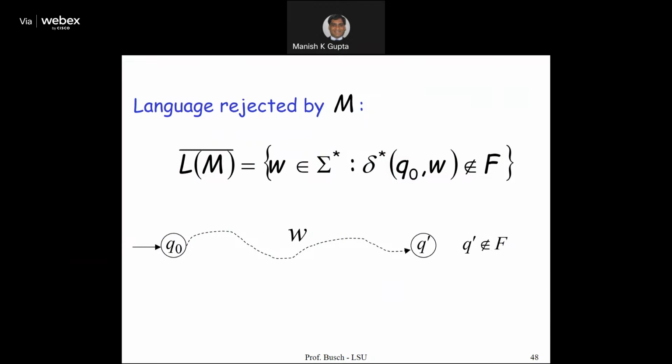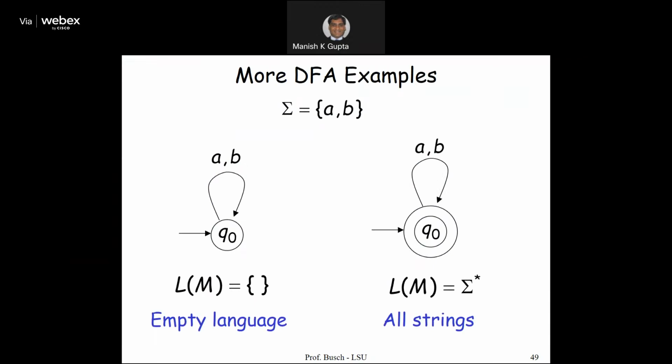Now, more DFA examples. Look at this, a beautiful example. For the empty language, this is the automata. This will accept the empty language. Do you agree? There is no string at all. And what about this? This will accept all strings.